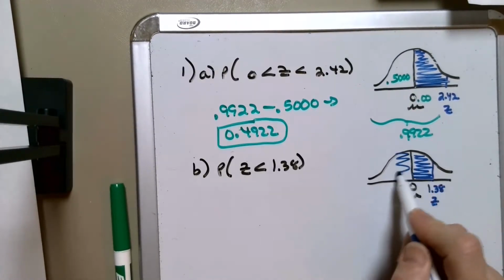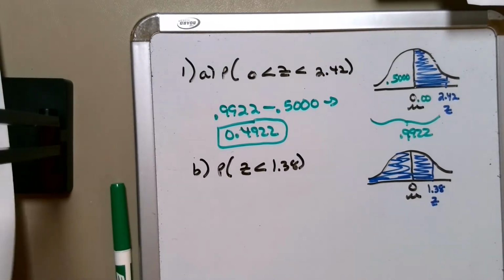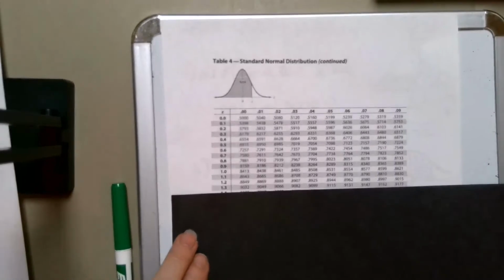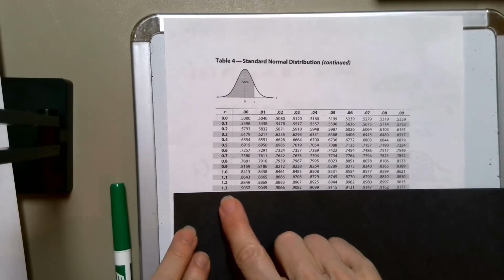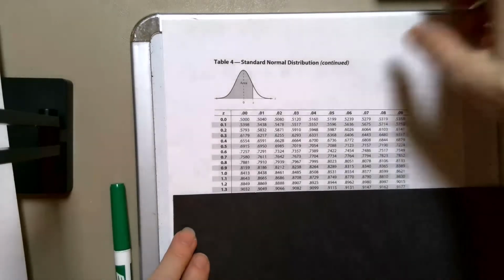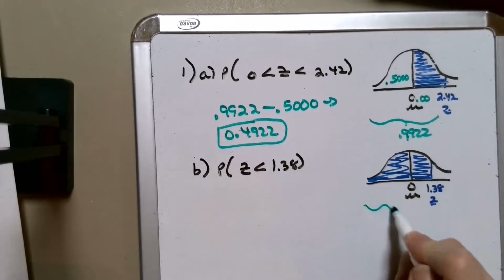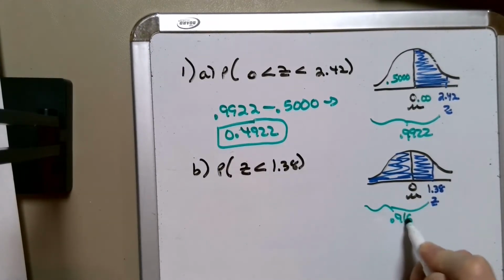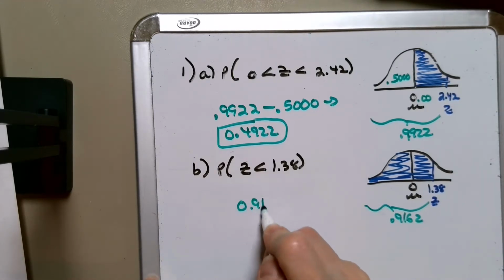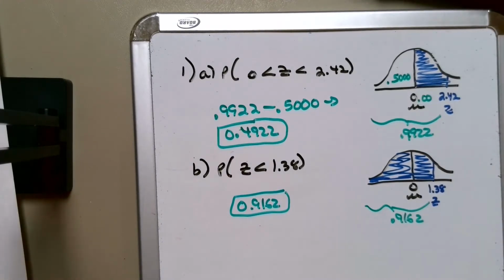When we look up in the table, we get the area to the left. So we're going to look up 1.38, row 1.3, and then over to 800ths, which gives you 0.9162. So that is the area to the left of 1.38, all the way to the left tail. And that's what we wanted. So that's our answer, 0.9162. What we looked up was our answer in this case.